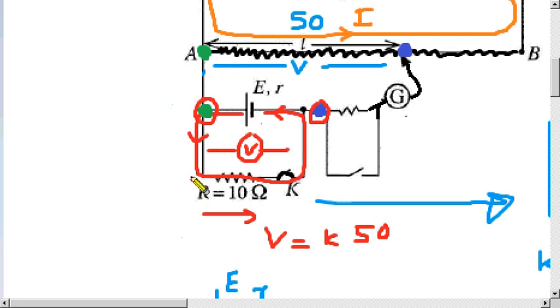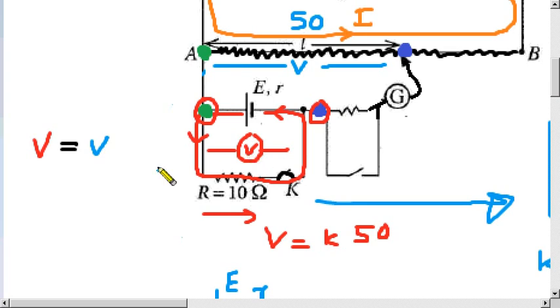When there is current, E drops because there is a small r in this cell. So now the value is V, we have to use V, not E. So this V equals the blue color V from the primary circuit, like this. This V is equal to this one.